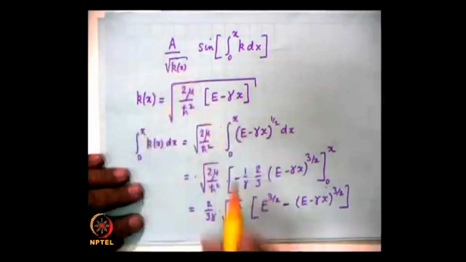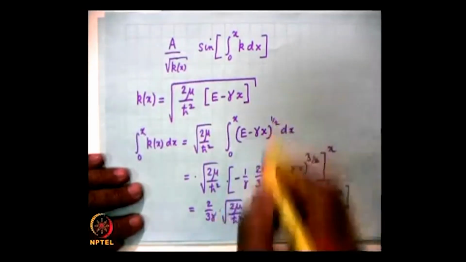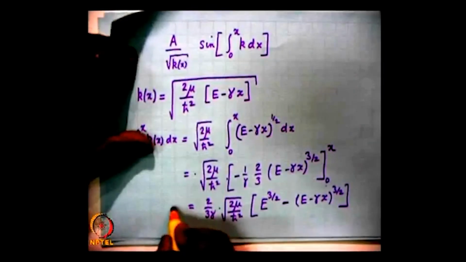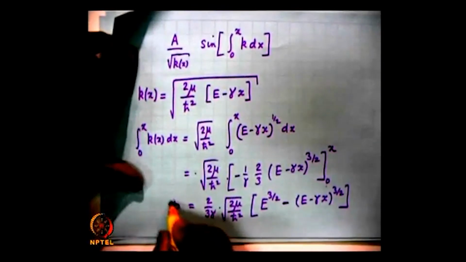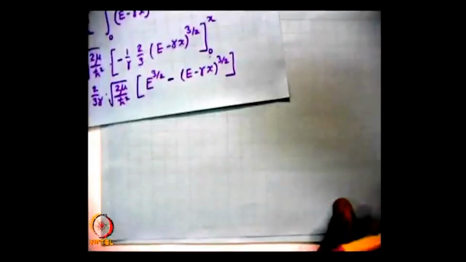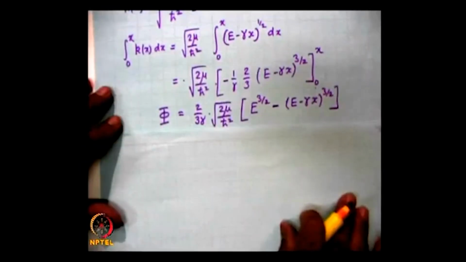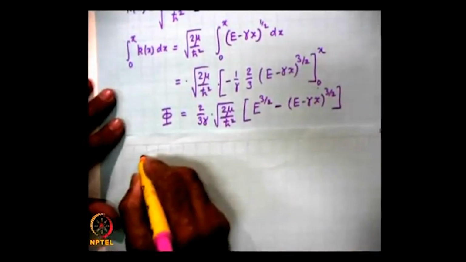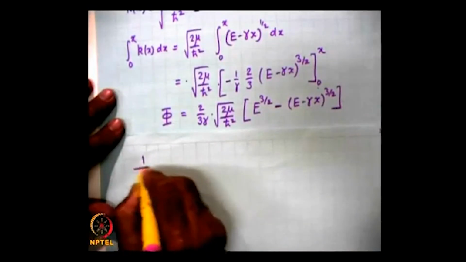square root of k of x. So this will be sine of this function, which is, let us suppose, phi. So sine of phi divided by under root of k of x. So my wave function will be A times 1 over root k.